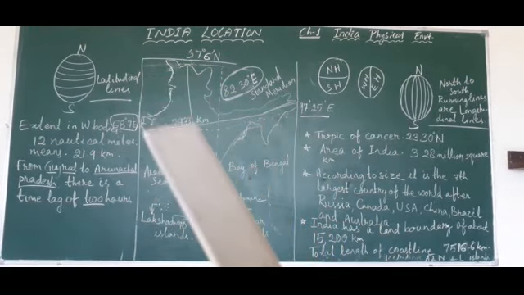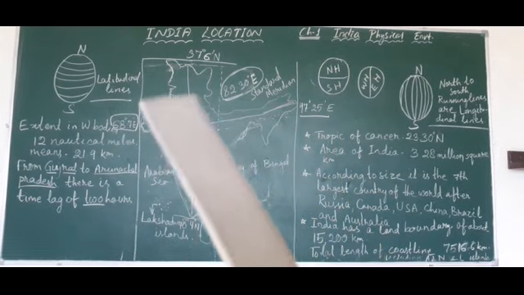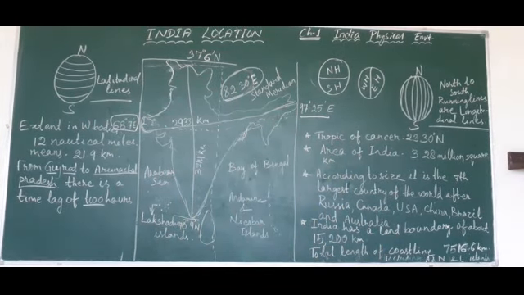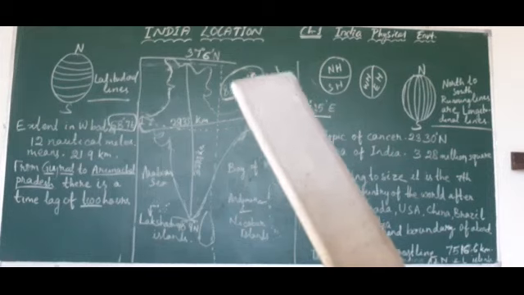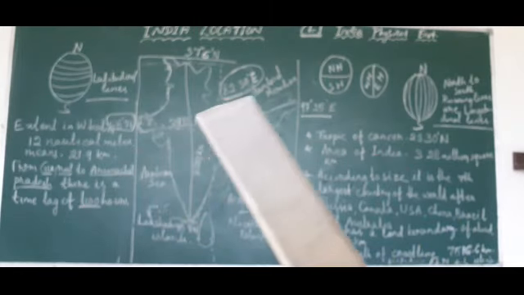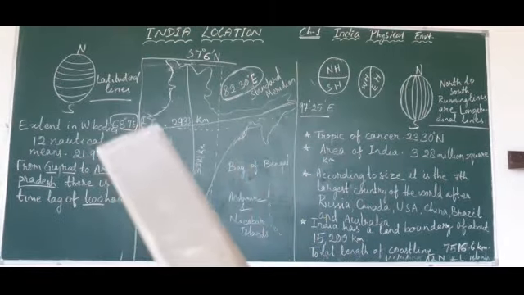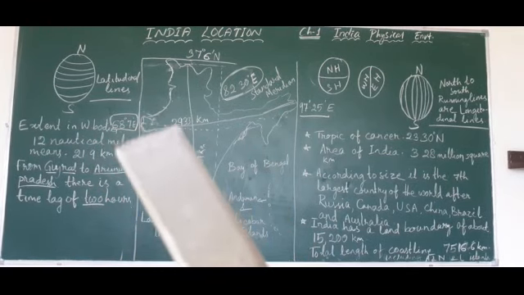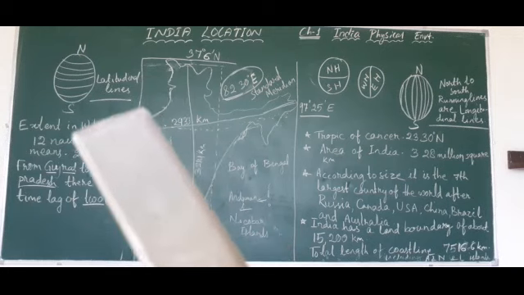India is bounded on the northern side and northeastern side by the Himalayas, that is the Young Fold Mountains. On the western side is the Thar Desert, so desert areas.